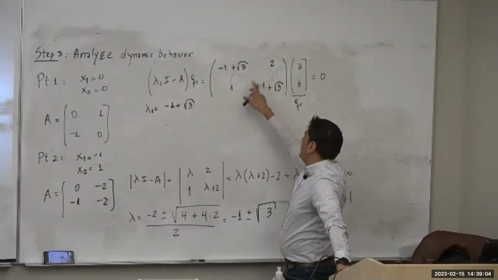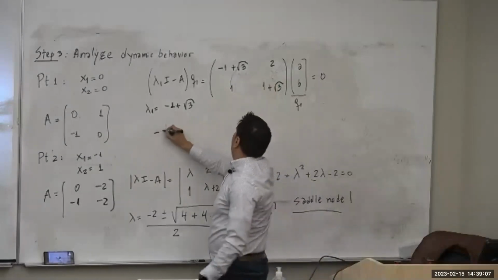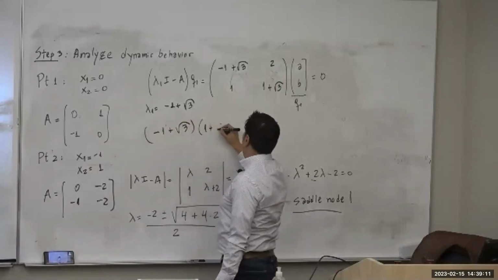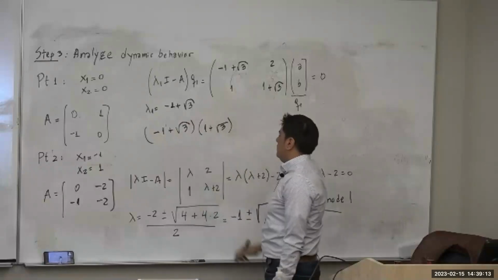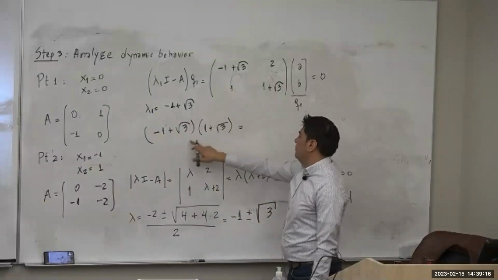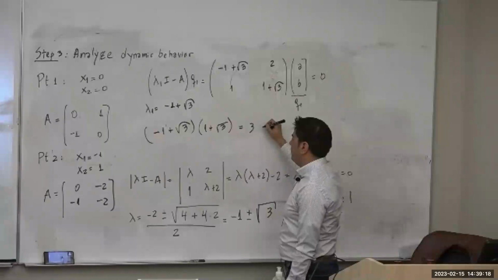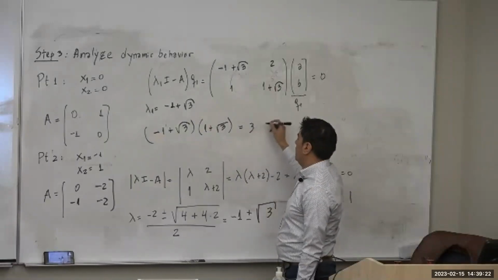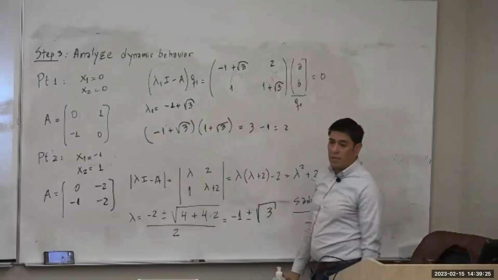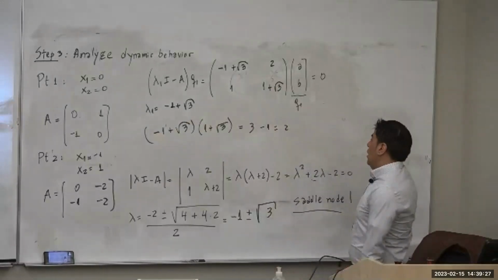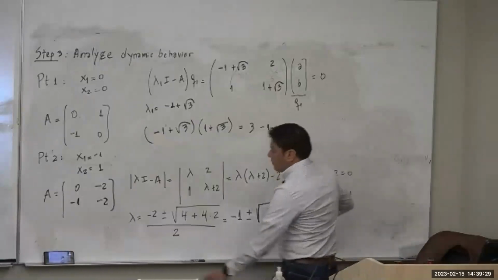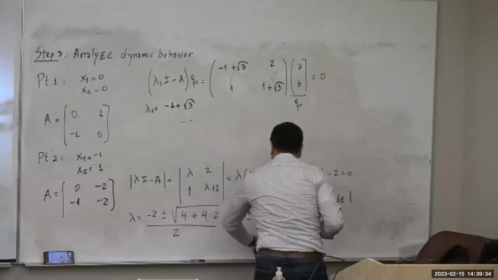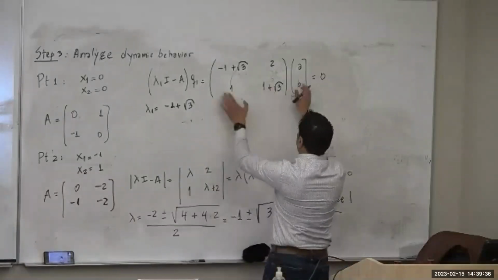So is that going to be 2? -1 plus the square root of 3 multiplied by 1 plus the square root of 3. How much is that? Right? Is that right? Yeah, so in this case, because these are going to be singular, we're going to pick the second equation.